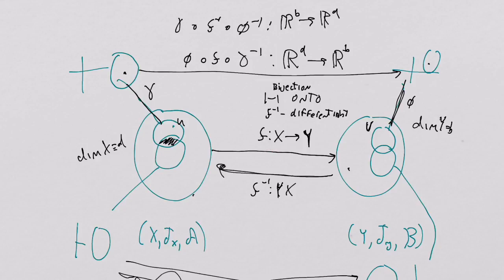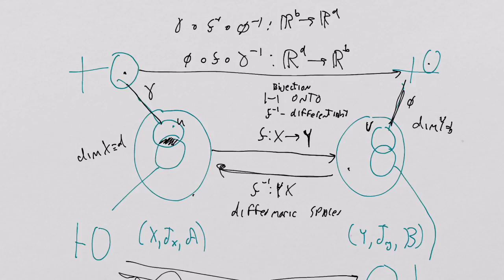But for differentiable manifolds, it could also be differentiable, and if that's the case, we have two diffeomorphic spaces. Another way of saying it is that these two spaces are diffeomorphic if such a function exists. The property of being diffeomorphic is an absolute property. I may not know what this function is.